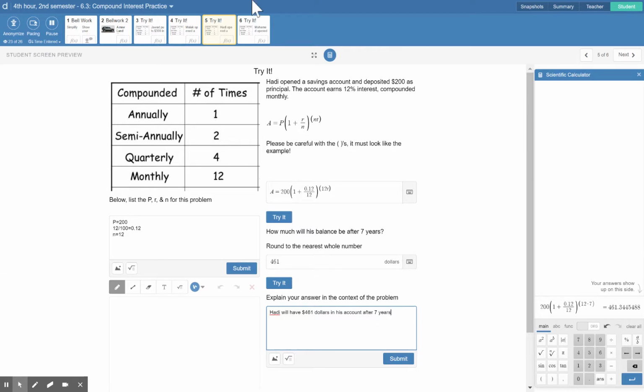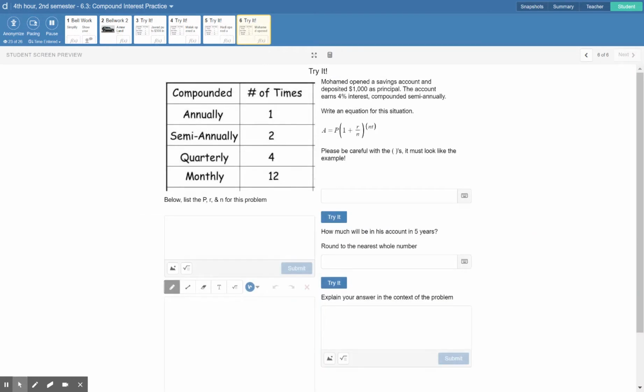And then slide number 6. Mohammed decided to have $1,000 deposited. It's going to earn a rate of 4%, so divide that by 100. Make sure you do 0.04. Compounded semi-annually, the n is going to be 2. Always have that 1 plus.